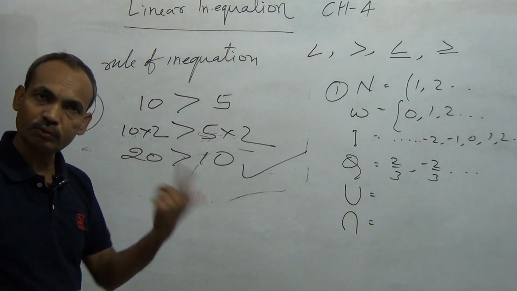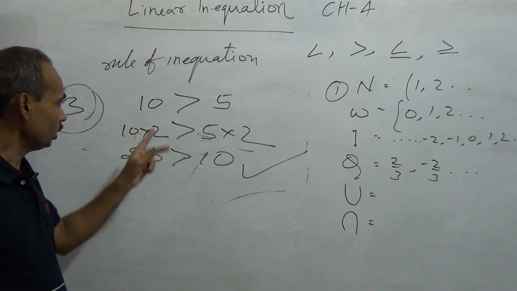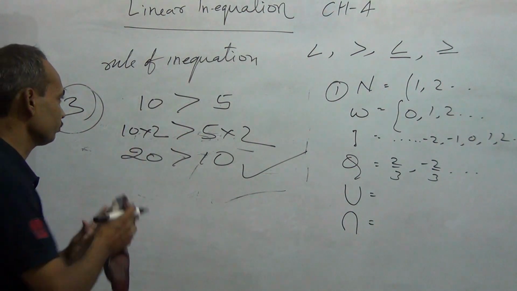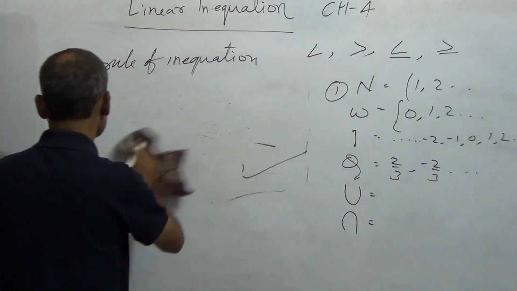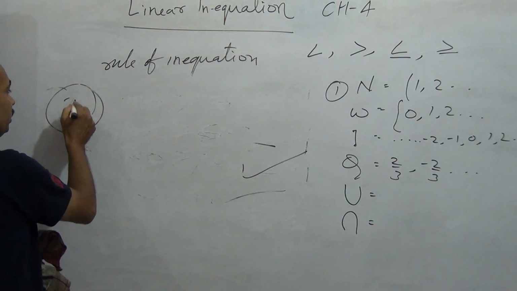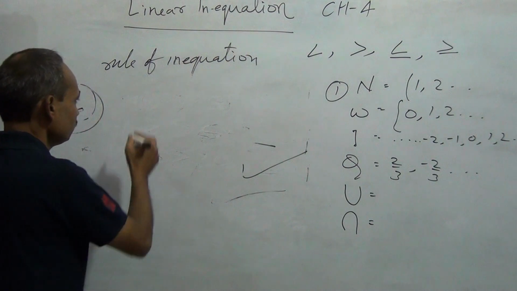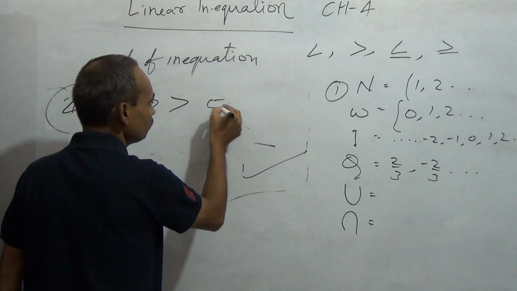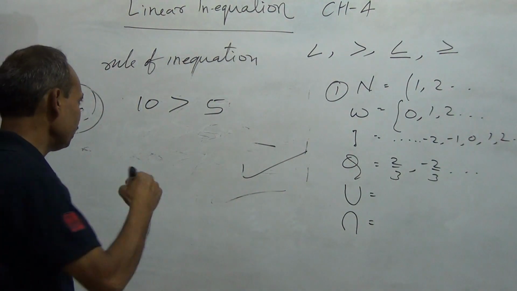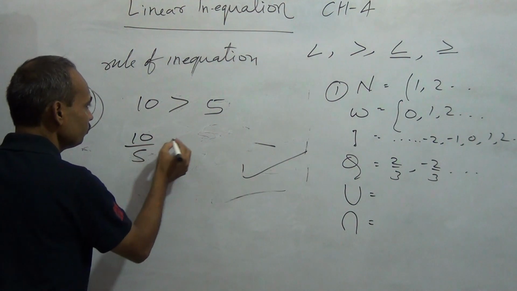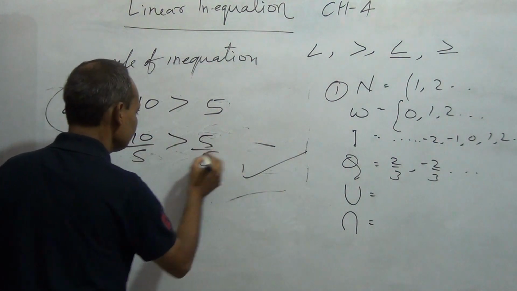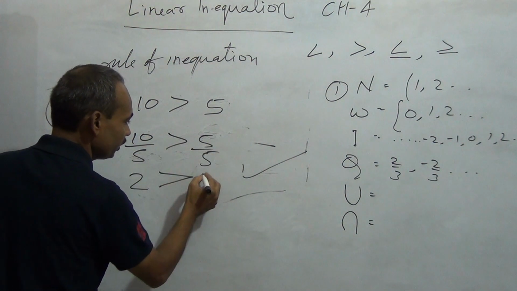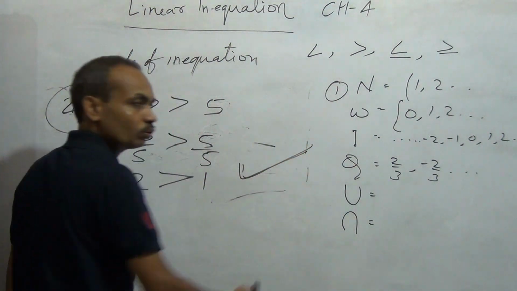In case of divide, the sign will not change. Divide by any positive number: 10 is greater than 5, divide 10 by 5 and 5 by 5, 2 is greater than 1. It is also true.